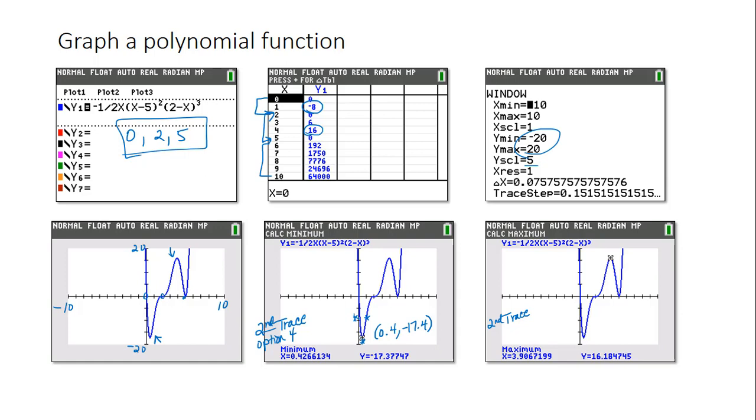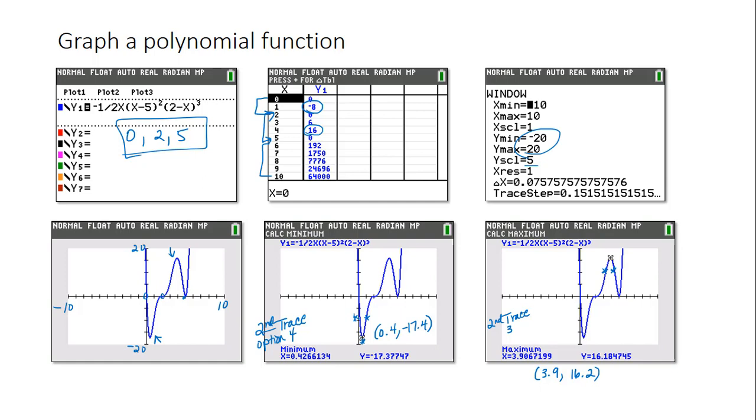To do a maximum point, I'm going to do second trace and 3. And for this maximum, again, I had to go left bound, right bound, and guess. And so this point is approximately 3.9, 16.2.